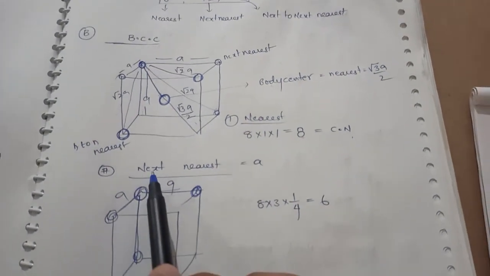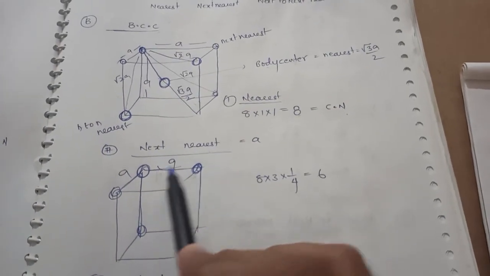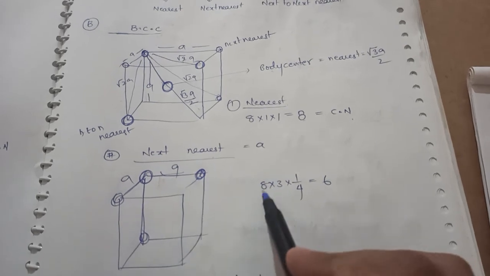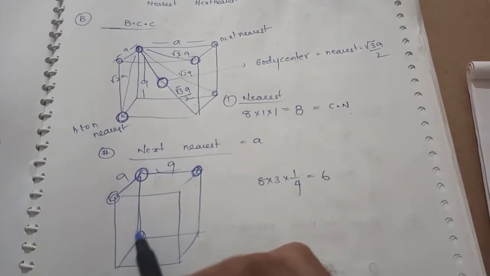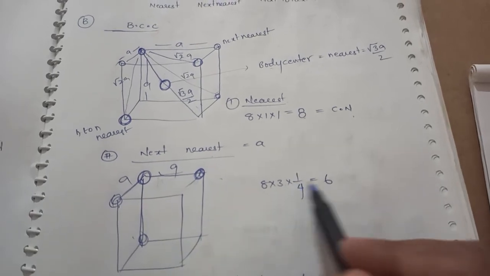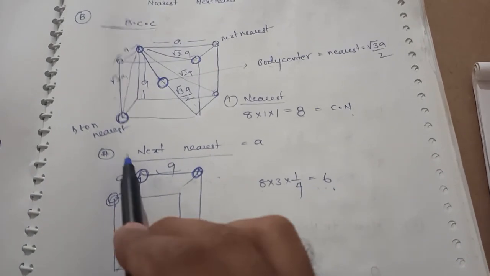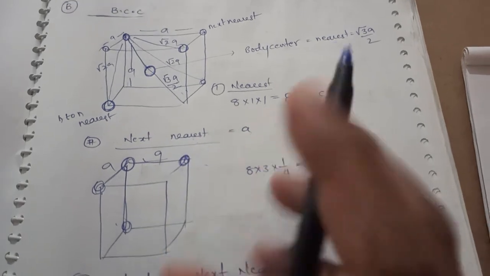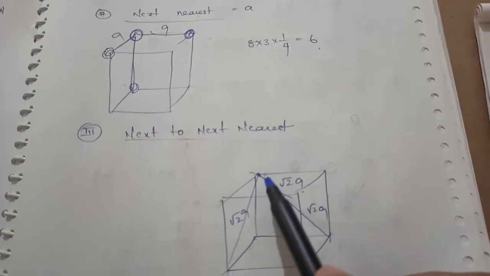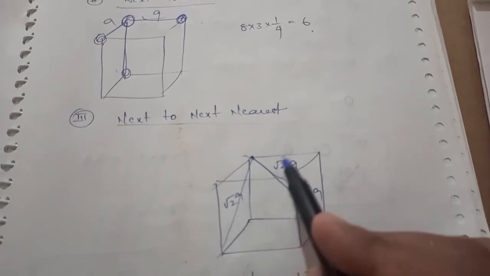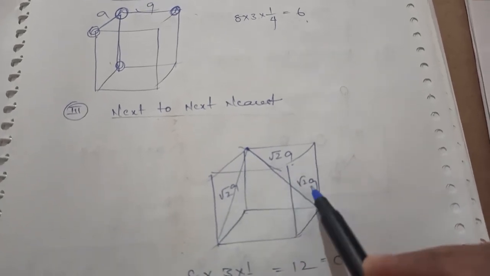Next we go for the next nearest. Next nearest means A. As calculated earlier, this is 8, and the 3 atoms are there, with 1 by 4th each, so it will be 6. This is the next nearest one. And another one is next to next nearest. Next to next nearest means here you can consider root 2A, root 2A, root 2A.